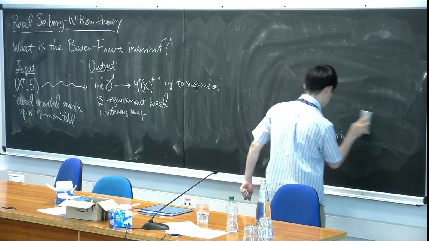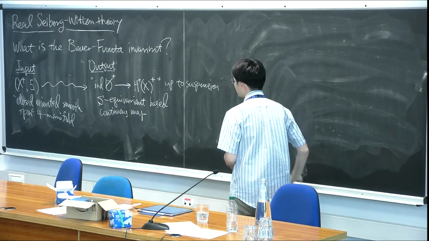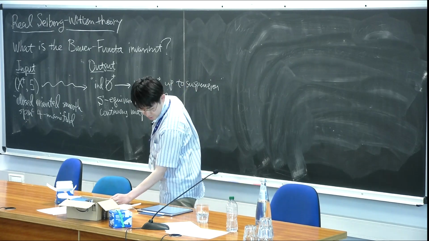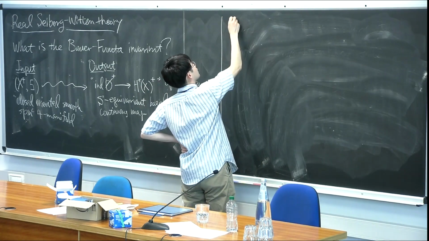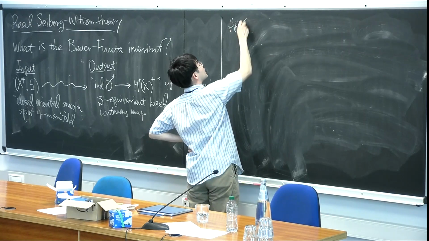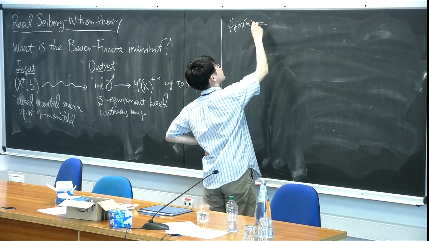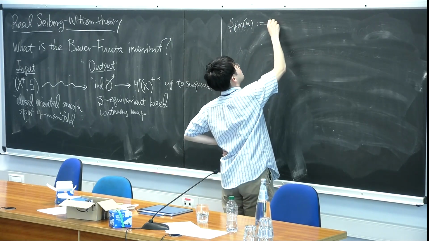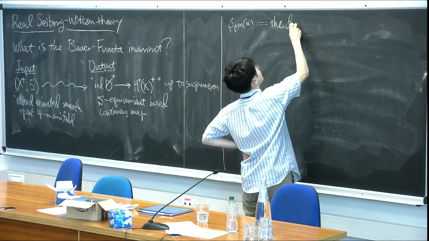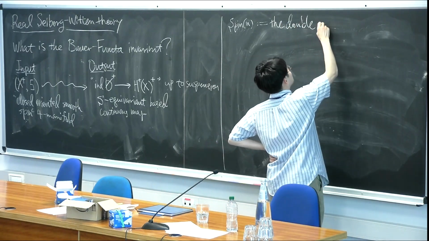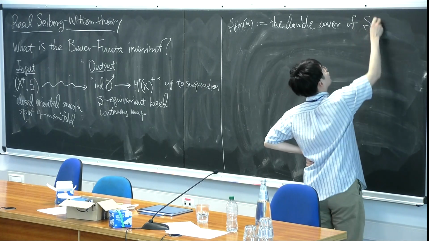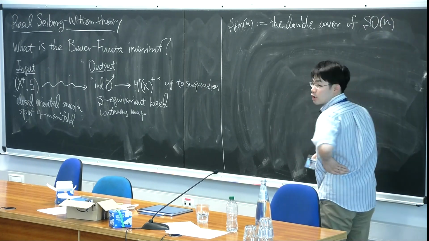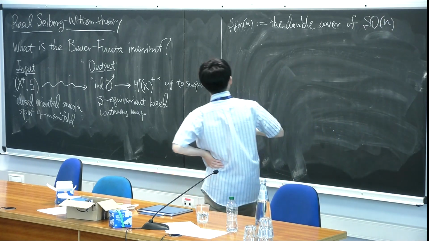So first, let me begin with what I mean by spin-C structure. Here's the general definition. First of all, let me define the so-called spin group. This is the unique connected double cover, the only non-trivial double cover of SO(n), which is of course a Lie group of the same dimension as SO(n).